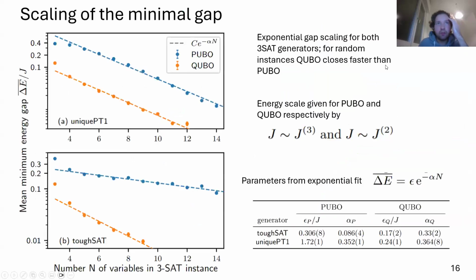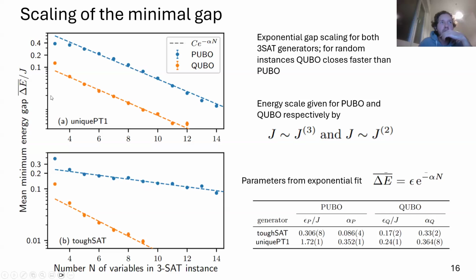Okay, now to the actual scaling results. If we look here at the top plot, we have plotted over the system size, the number of classical variables in the three-SAT problems, and on the y-axis, we have the mean minimum energy gap of 200 randomly generated three-SAT instances.